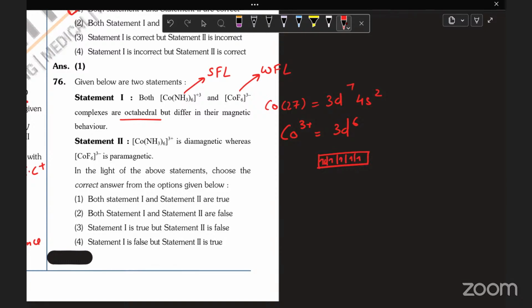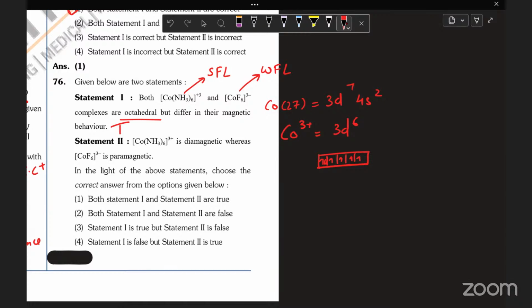When it is ammonia, the strong field ligand, obviously the pairing will happen, and we apply the crystal field splitting energy, t2g and eg. The electronic configuration will be such that all the electrons are paired. So the first statement seems to be true. Look at the second statement: the complex with ammonia as the ligand is diamagnetic.